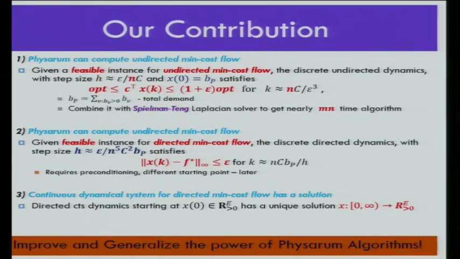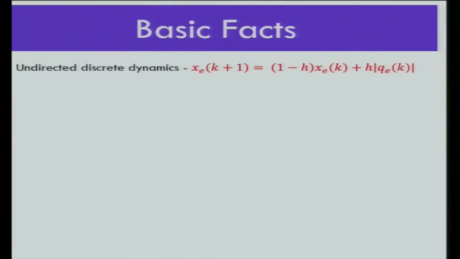The directed case becomes quite a bit more complicated. I'll tell you a little bit about it, and then if I have time, I'll show you a slide on the continuous dynamics. Okay, so let's start with some basics. We are back to the undirected discrete dynamics.